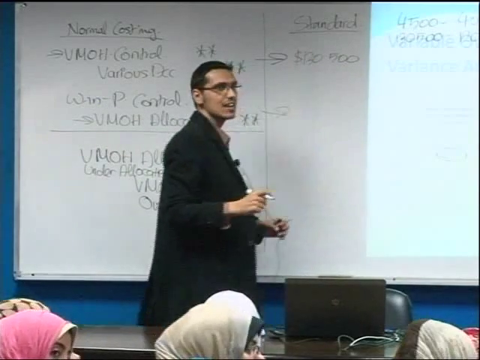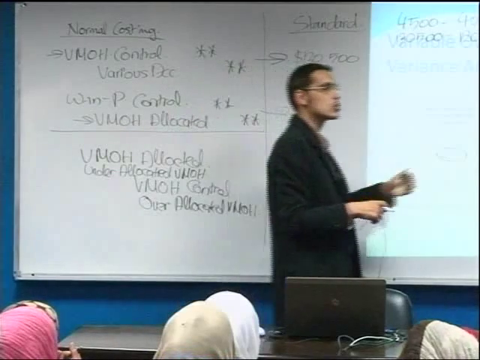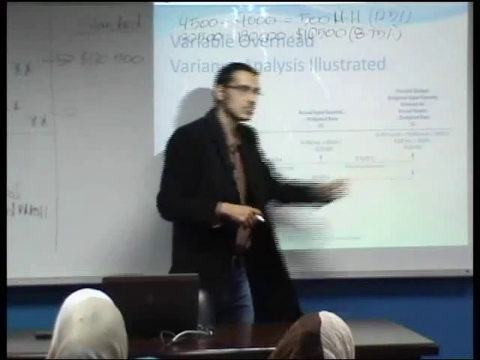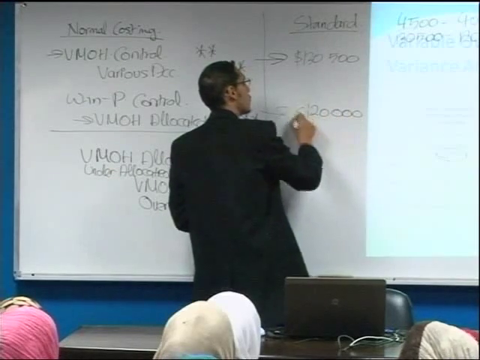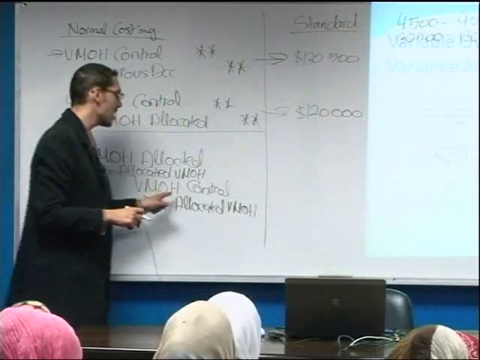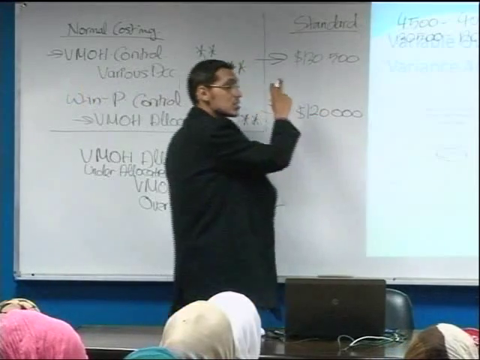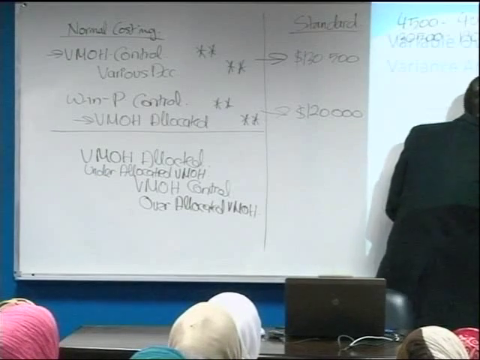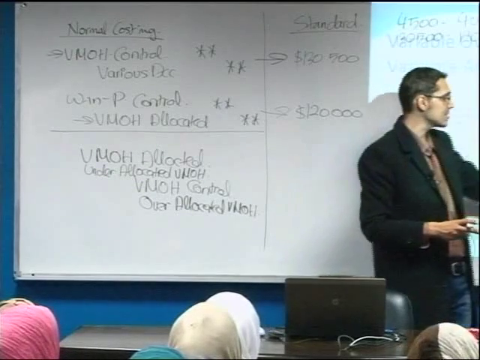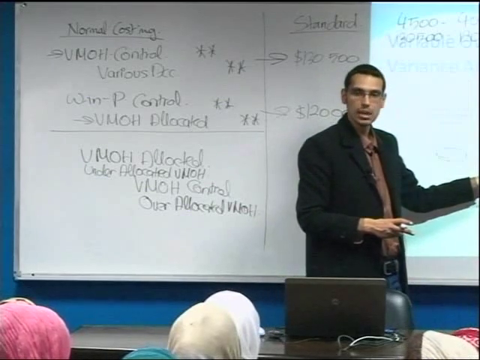And according to our standard cost, we are going to recognize our standard quantity multiplied by the standard rate, 120,000. And of course, now we are not going to recognize the under allocation and the over allocation. According to our standard costing, we are going to recognize the spending variance and the efficiency variance. Because this is unfavorable, it would be debited. And because this is favorable, it would be credited.